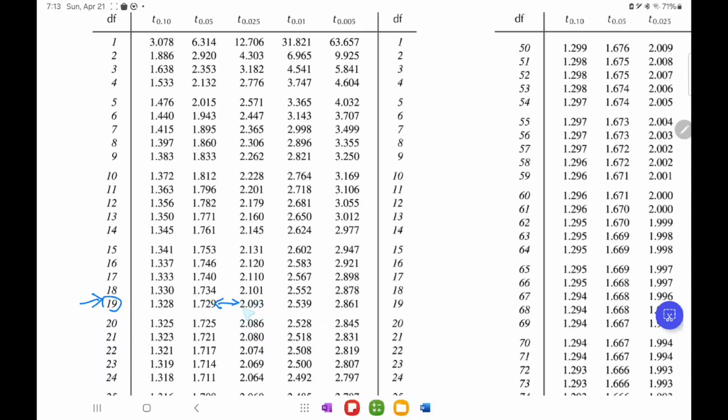So 1.786 will lie somewhere between these two t values.